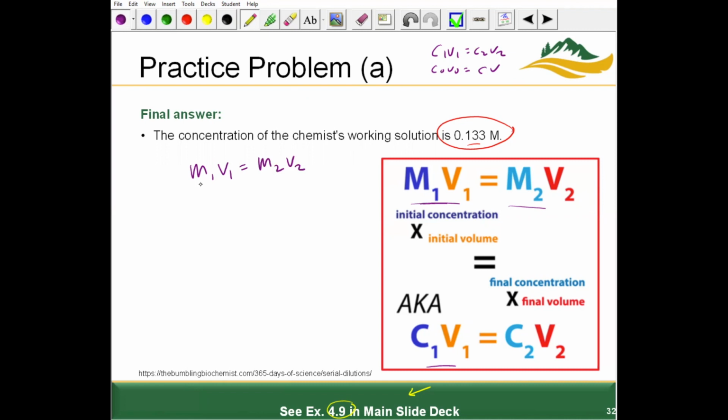The reason that these are M's and not concentrations is because these stand for molarity specifically. So M1V1 equals M2V2. You might hear all these different variations of our dilution equations.